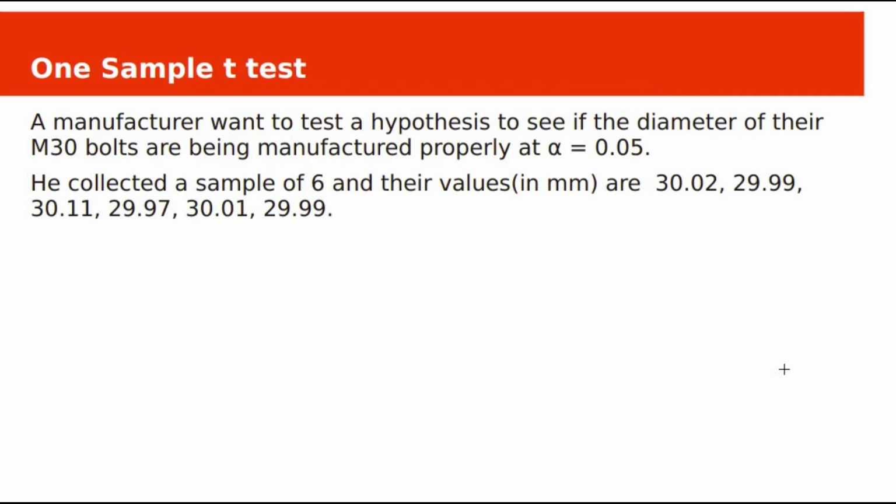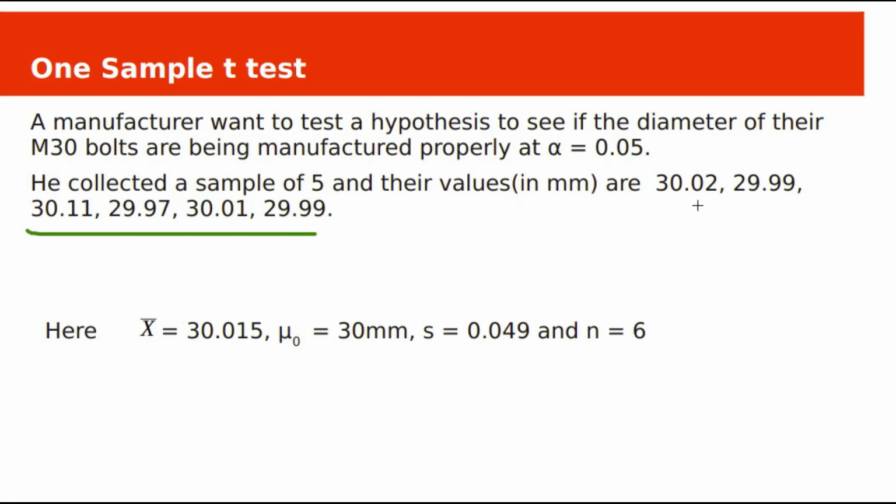Let's see one example. A manufacturer wants to test whether their M30 bolts are properly manufactured or not. Properly manufactured means M30 bolt diameter should be 30 mm. He cannot test all the bolts, so he took a sample of 6. From that sample mean, he wants to estimate the diameter of all bolts. His sample values are 30.02, 29.99, 30.11, 29.97, 30.01, 29.99, all in millimeters.